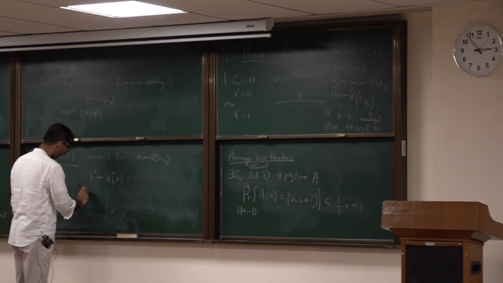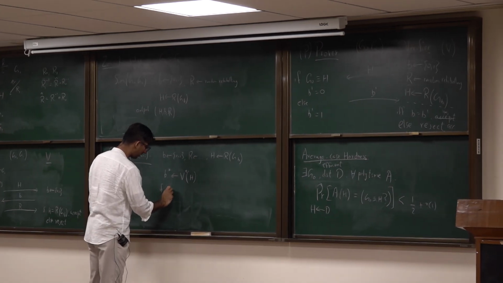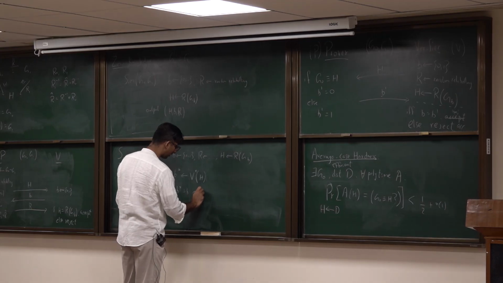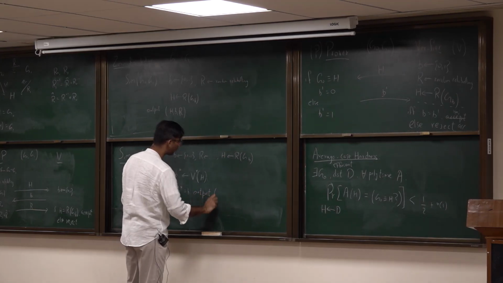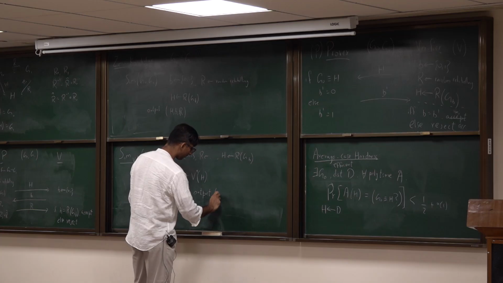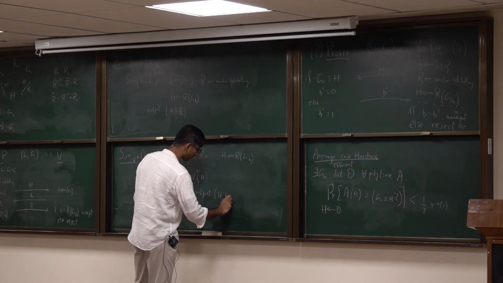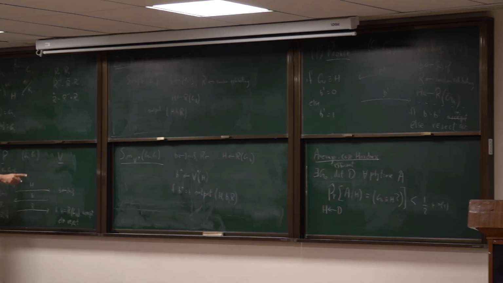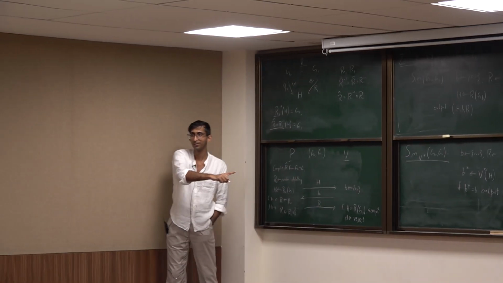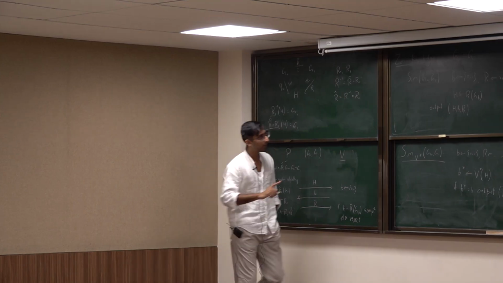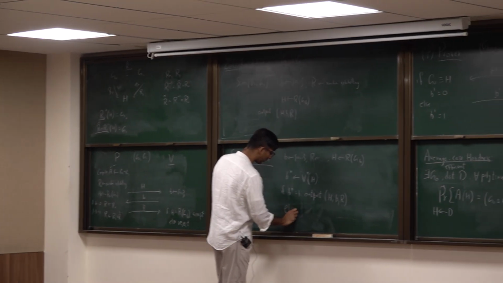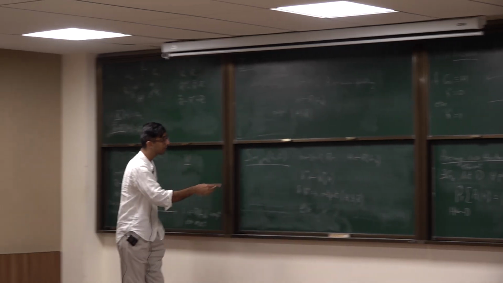So if B star is equal to B, then I can output whatever I was outputting earlier. Because in fact, the real protocol looks like this when B star is equal to B. The problem is if it is not equal to B. So what have we done here?